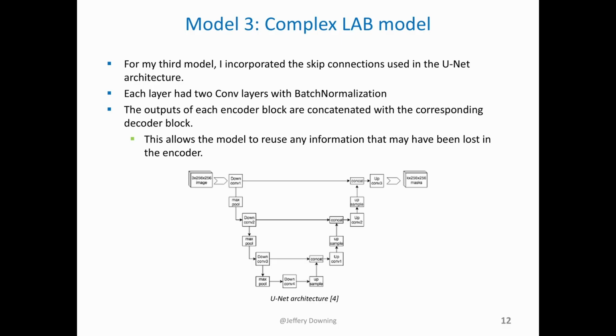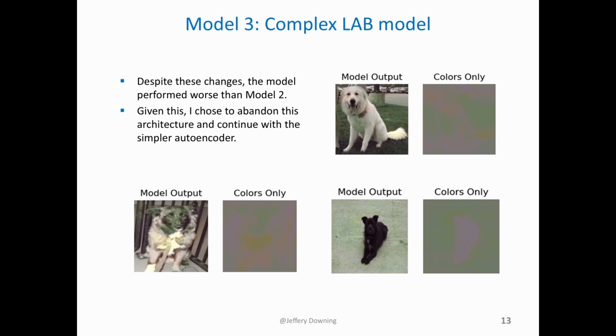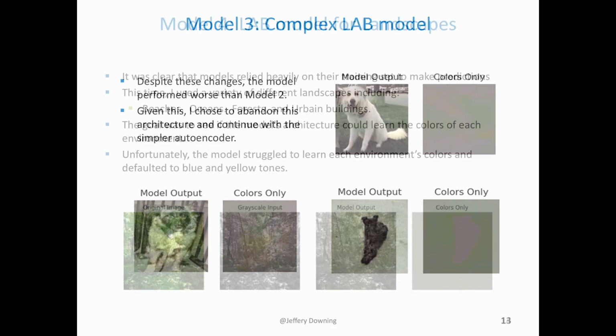And so this can allow the model to reuse any information it had earlier or that may have been lost through the encoding process. Despite this change, the model performed worse than Model 2. It used way too much green, applying green on the dog itself, and it just wasn't able to improve in the way that I wanted it to. So I chose to abandon this architecture and stick with the simple one.